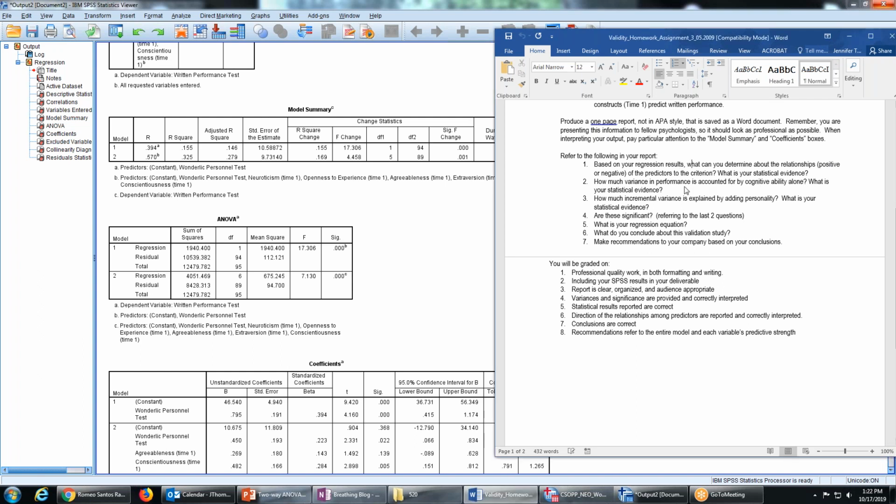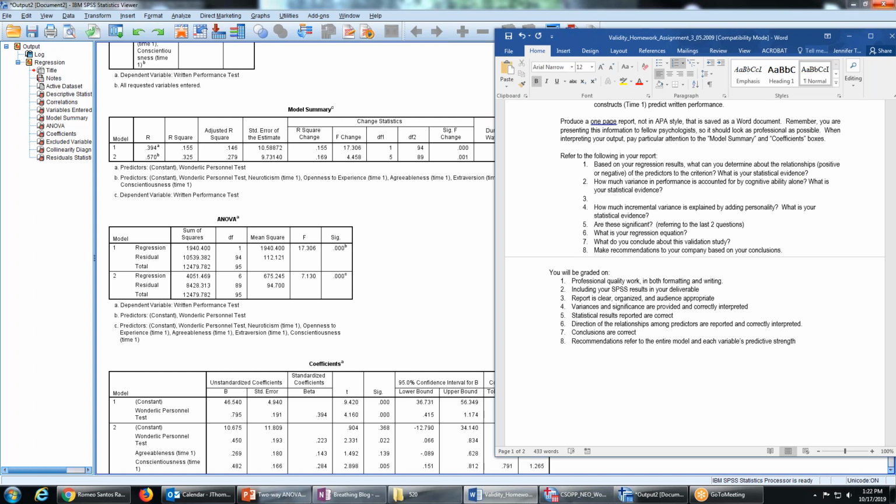Really, we should answer question number 2 first. And what I want to say here is how much variance is accounted for by cognitive ability alone, and that is model 1. So when I look, it's 15% of the variance of performance is accounted for by cognitive ability, comma, R square.